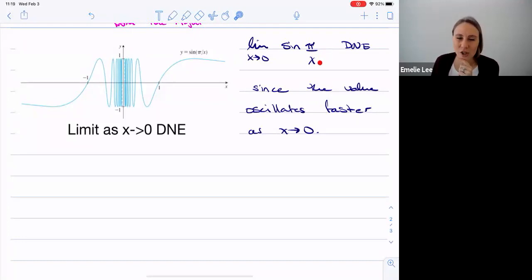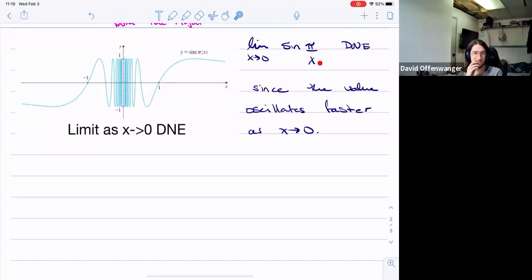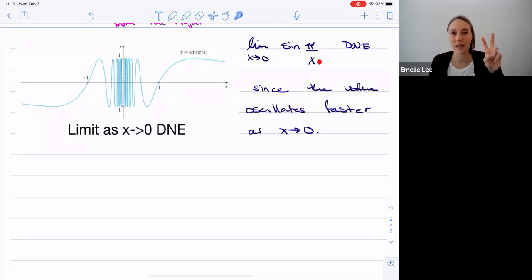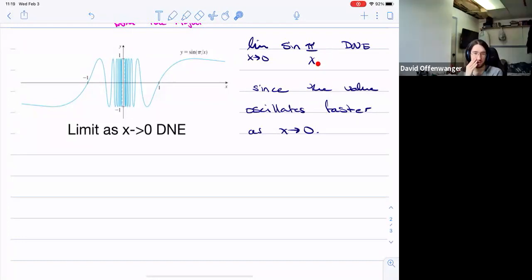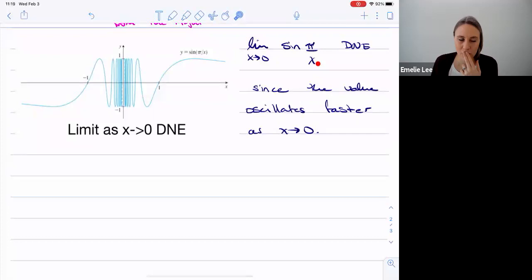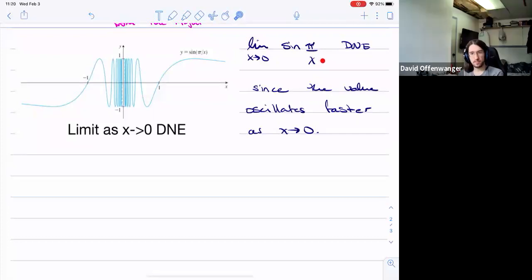Actually, I'm not sure about the behind-the-scenes mechanisms. Like, why does it oscillate faster? I know it has to do with dividing by a really small number. As x is approaching 0, it will theoretically reach 0, ergo it results in it being undefined. Yeah. So the problem is we can't divide by 0, but we can get close.